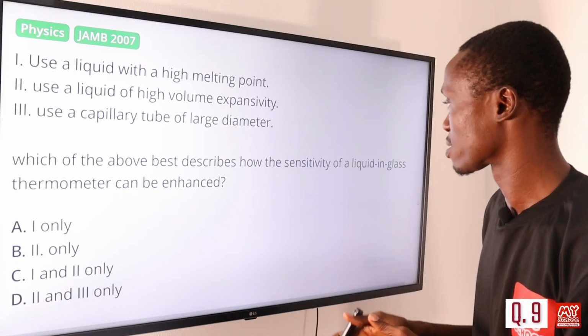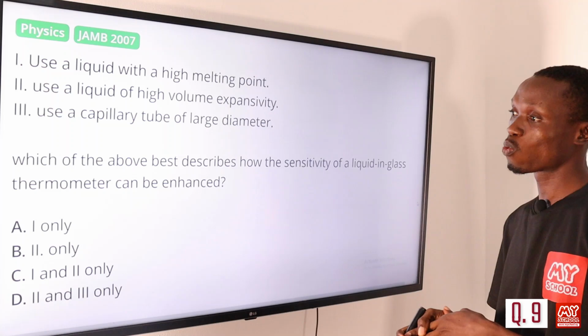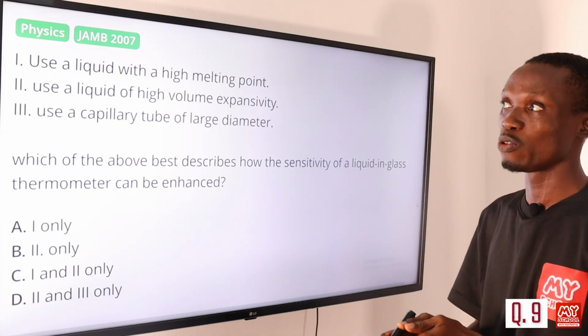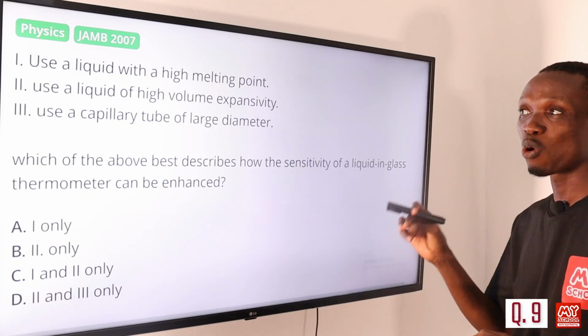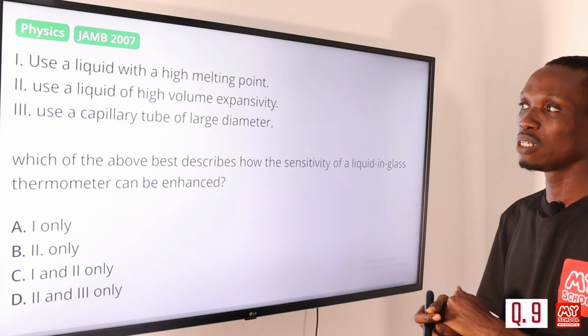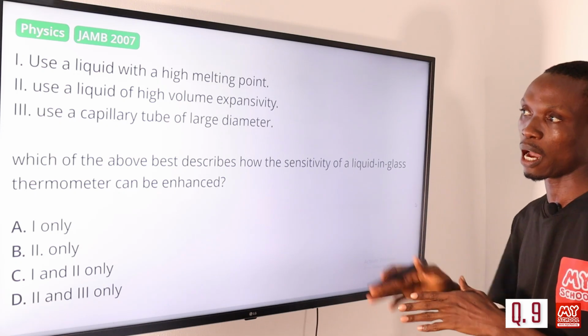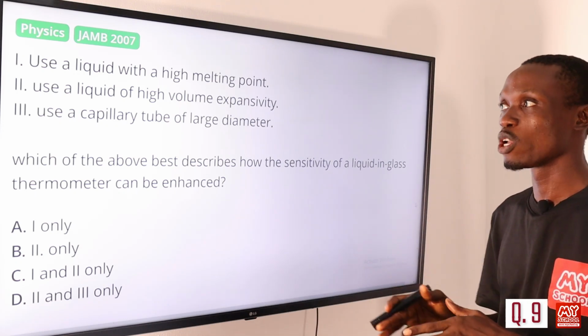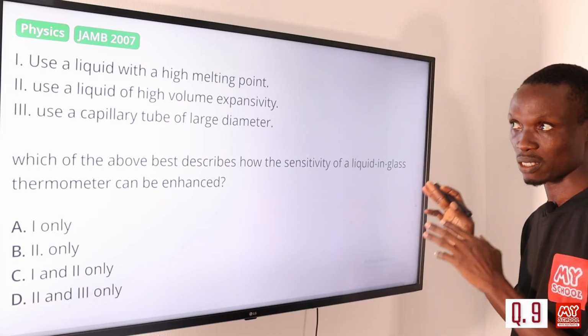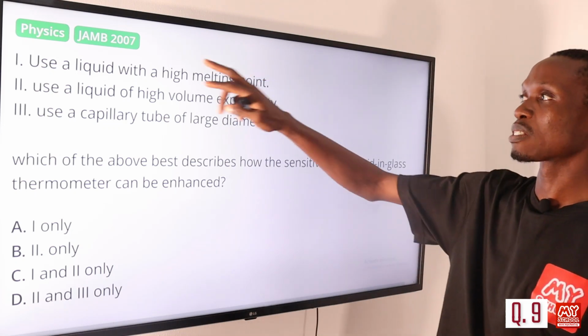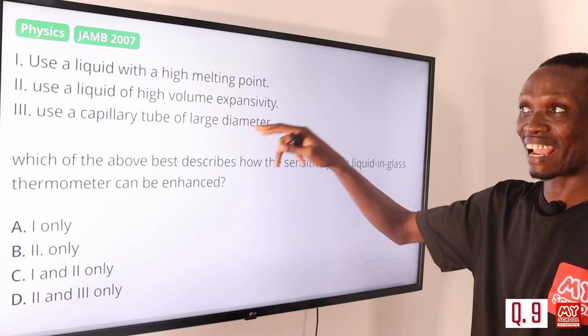Okay, to enhance the sensitivity of a liquid in glass thermometer, basically you need a liquid with a low melting point, and you also need a capillary tube of small diameter. And you need to use a liquid of high volume expansivity. So that means I is invalid, and III is invalid.